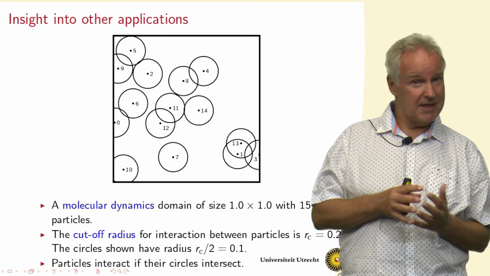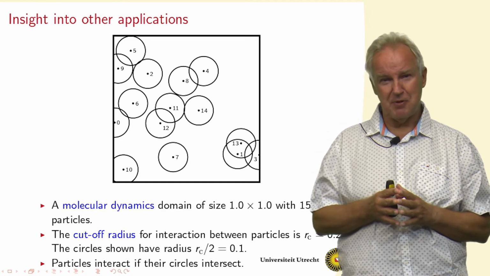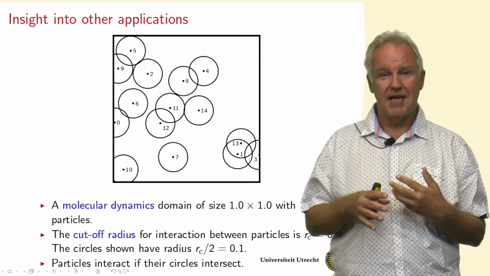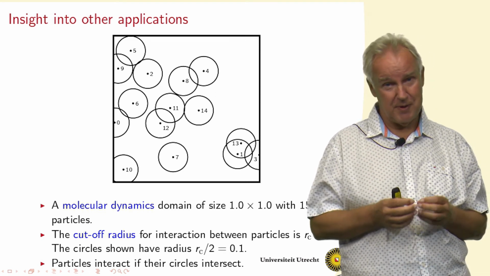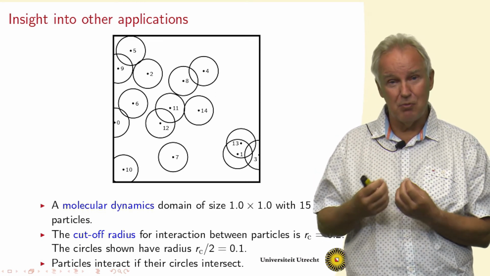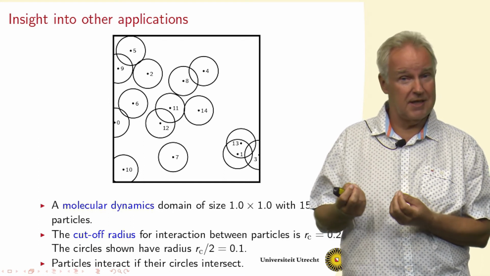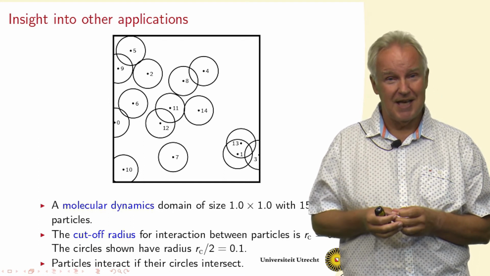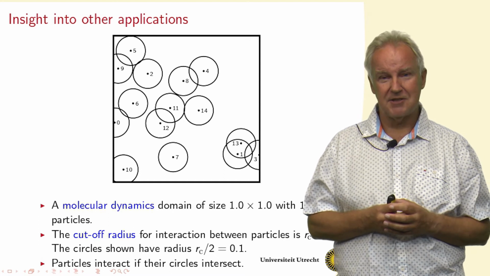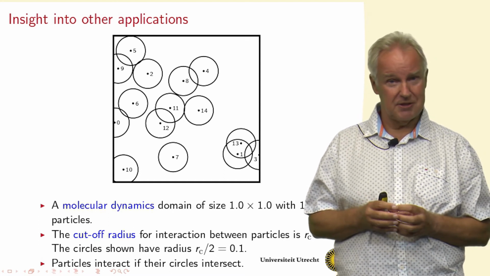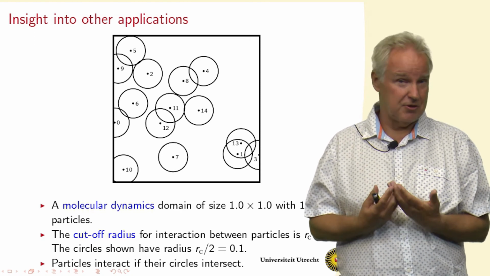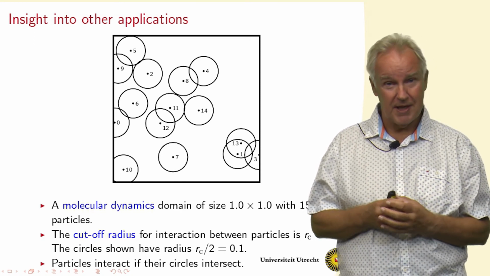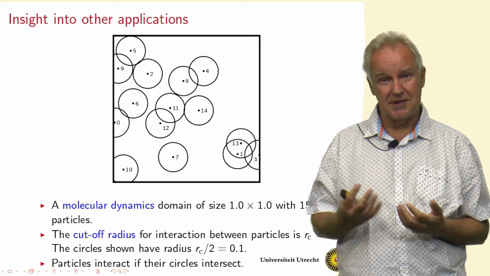Now, another application of sparse matrix vector multiplication is in a molecular dynamics simulation where particles move in a molecular dynamics universe. Here we see a number of particles, and they have short-range interaction. It means if they are close enough, they interact, they exert a force one on the other. If they are far away, they don't interact.